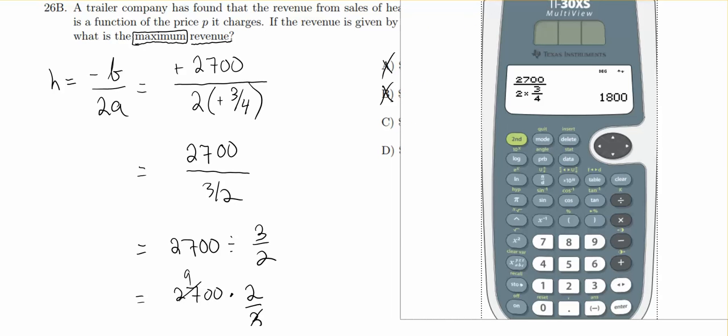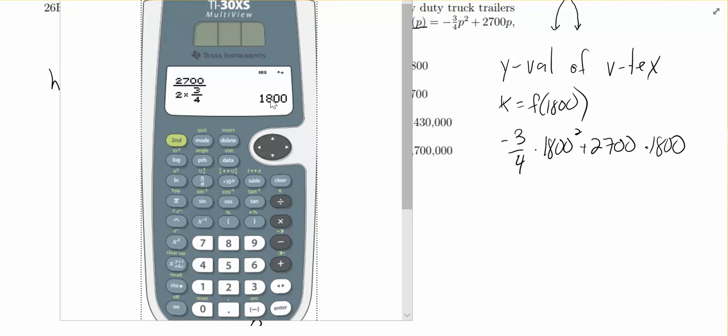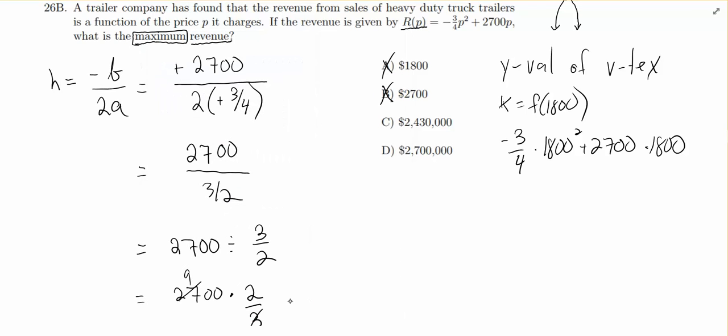So let me go ahead and actually just move my window over this way so that we can do this, and we get negative 3/4 times 1,800 squared plus 2,700 times 1,800. And so it looks like the number with the 243 in it, the C, is the correct answer there.